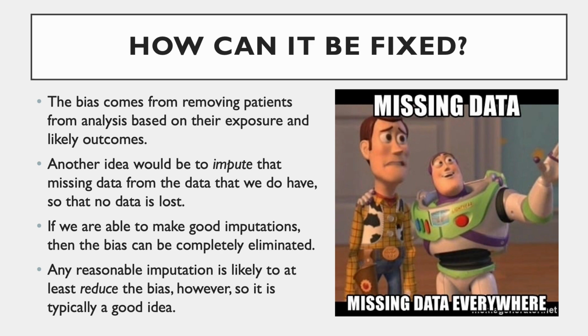If we were able to make very good guesses, then the bias would be completely eliminated. But for the most part, we're able to make reasonable guesses that will at least reduce the bias. So it's generally a good idea to use imputation strategies whenever you have differential loss to follow-up in a clinical trial.